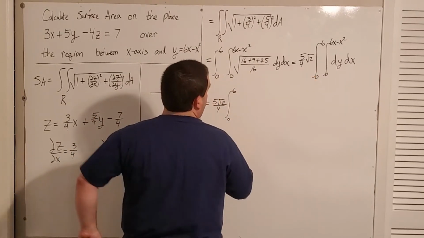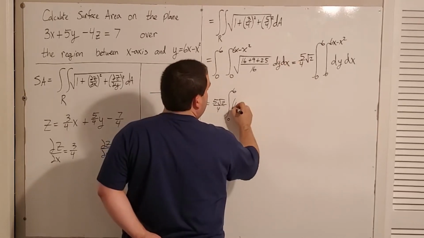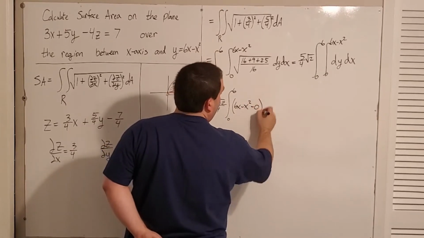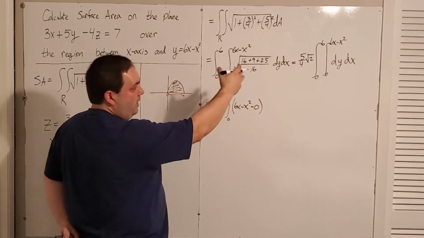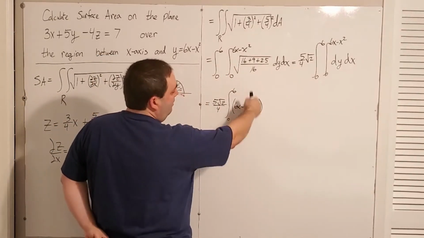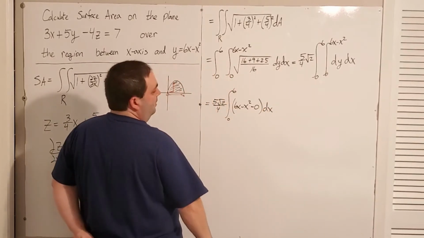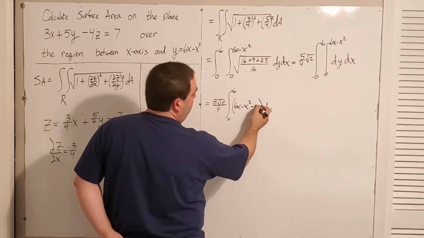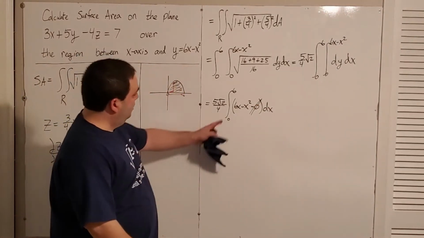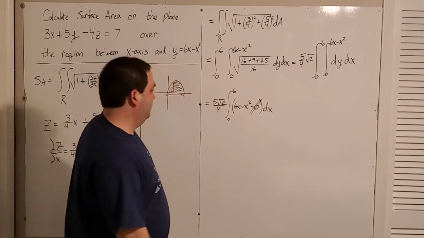That's going to be top minus bottom, 6x minus x squared minus 0, because we're integrating, we got y, and then I'm just plugging these values in for y, top minus bottom dx. Of course, minus 0 isn't counting for anything there. So I'm really integrating the 6x minus x squared.